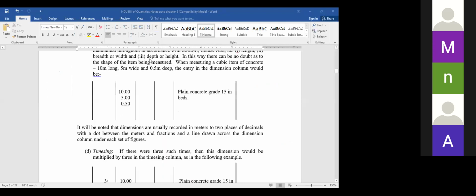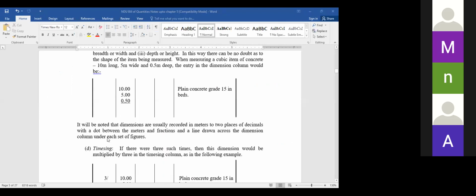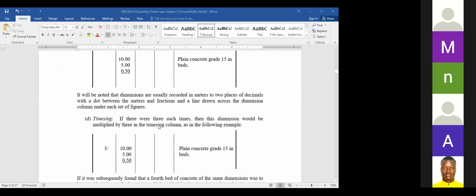Order of dimensions, I've discussed. Now the timing column. If there were 3 such items, then the dimension would be this. For example, we are preparing plain concrete grade 15 in beds, but there are 3 places. So we put the dimensions and then we put the 3 here with the slash.